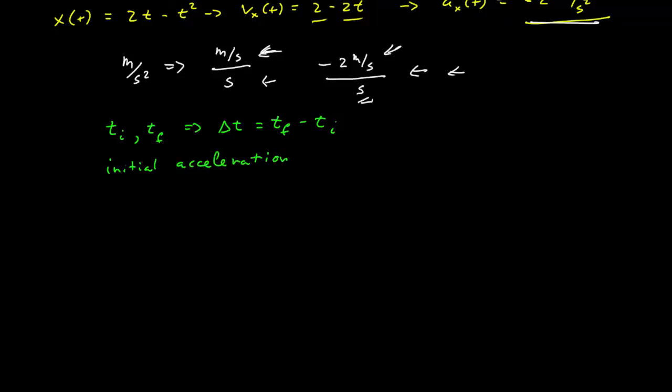Now I might call this initial acceleration a sub i, but that's really the acceleration function evaluated at the initial time. And then I would have a final acceleration. I might call that a sub f, but that's really the acceleration function evaluated at the final time.